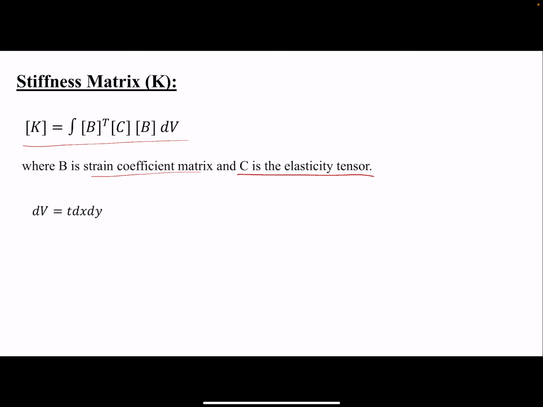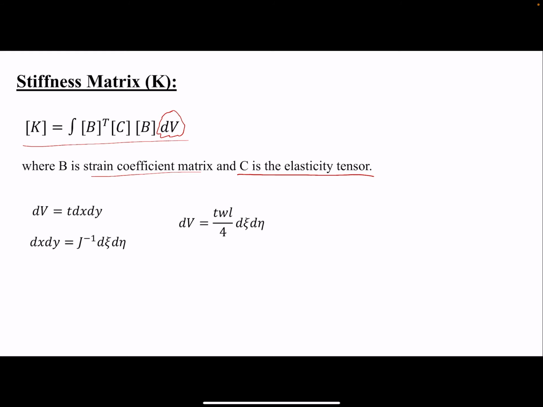But we have to deal with that dV as well. That volume is T dx dy, but everything else is based on local coordinates, so I need to convert it to local coordinates as well. And we introduced the concept of Jacobian. If I want to move from x to y and write it based on my local coordinate, I should use the inverse of the Jacobian matrix.